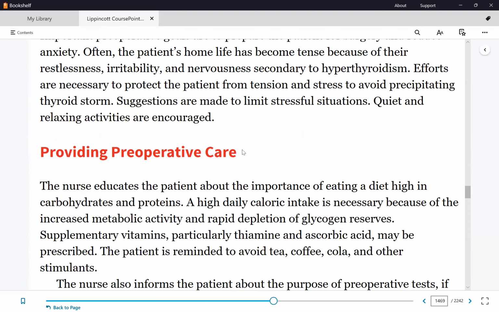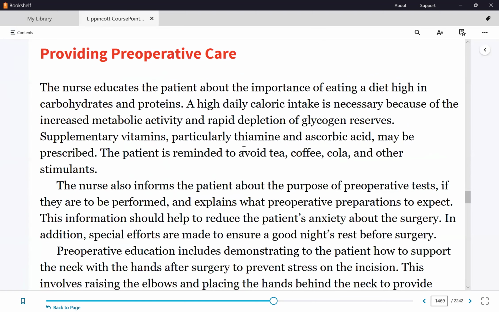So pre-op, this is hyperthyroidism, yeah? So what is their metabolic rate again? High or low? Don't be afraid, say it out loud. High, okay. So what happens to their calorie needs? Also very high. So what diet will we give them before the surgery?